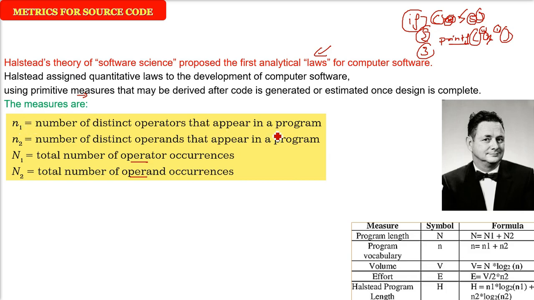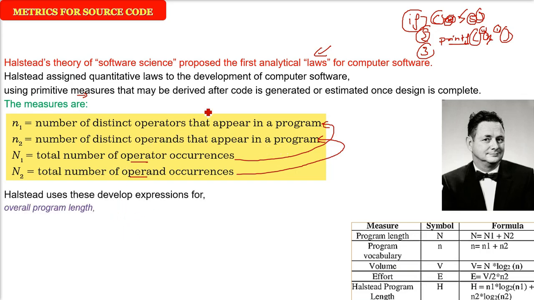So capital N1 will get reduced to small n1 because we have reduced the multiplicity. Count the operands, remove the duplicity, and you will get small n2, the number of distinct operands that appear in a program.